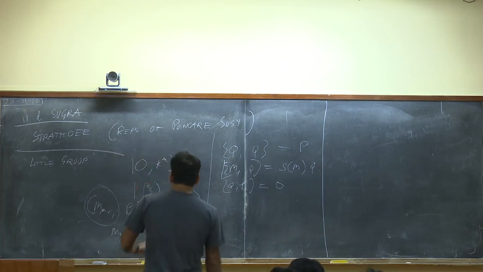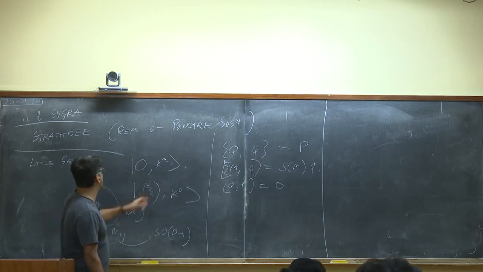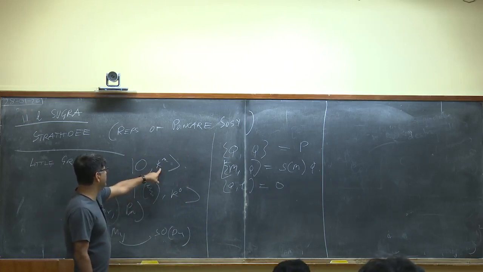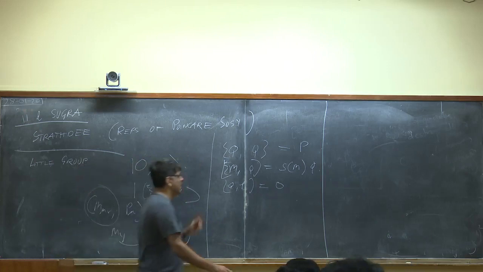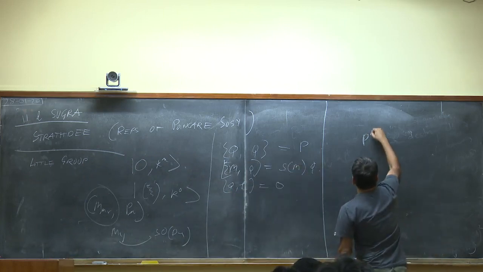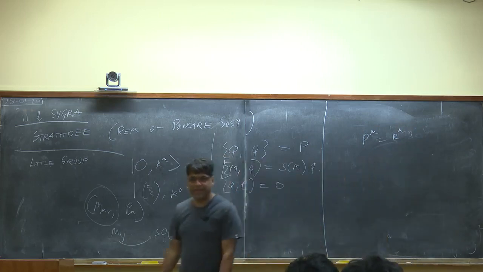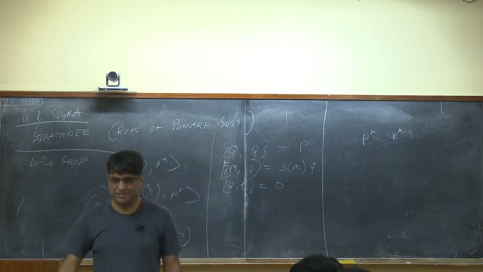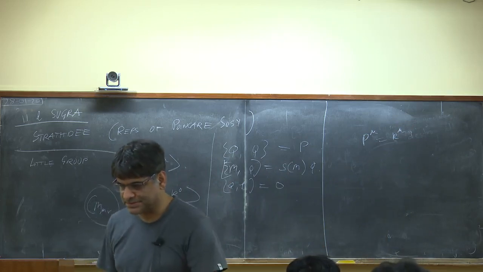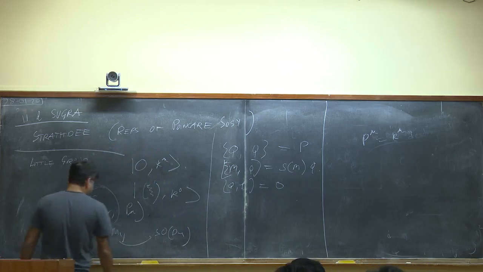Okay, so once again now what you're in is some basis in which your momentum operator P^μ is equal to k^μ. It's just something. And now you have to represent the rest of the algebra. Okay, the rest of the algebra consists of what?